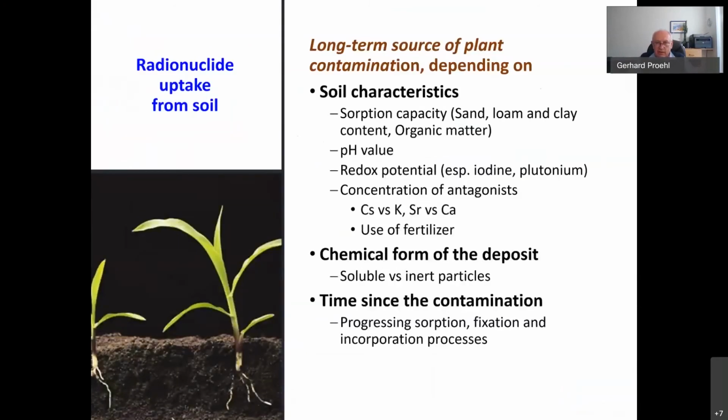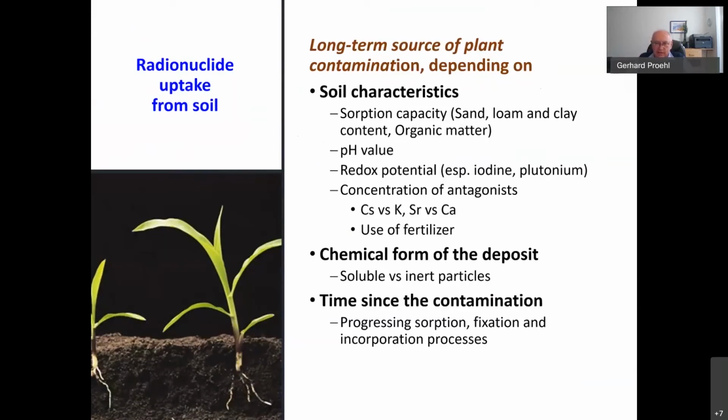Root uptake from soil is a very important long-term pathway causing exposures to people. It depends on the soil characteristics, on the sorption capacity, sand, lime, clay, the pH value, the redox potential.